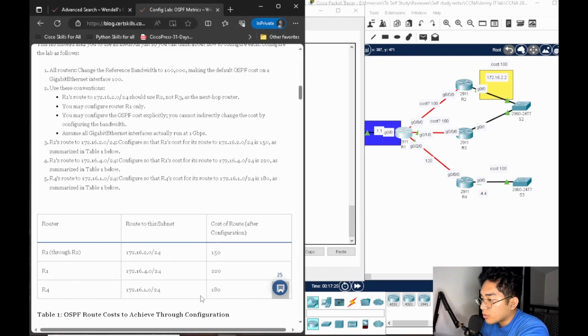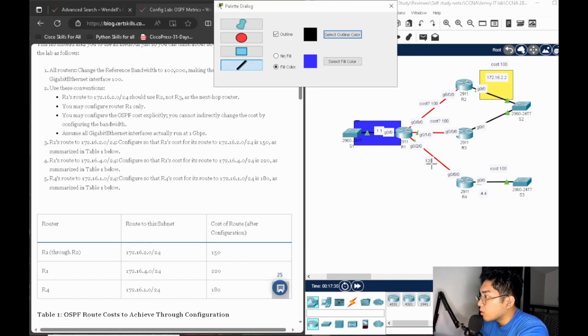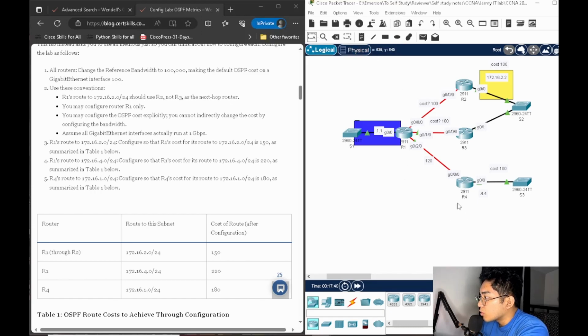Now the cost is 60. So from R4 to the 172.16.1 network, the total cost will be 120 on this interface plus 60 on this interface, a total of 180 cost of route after configuration.